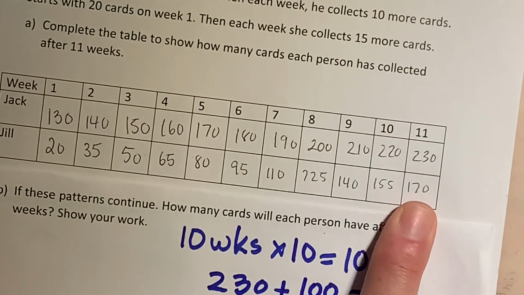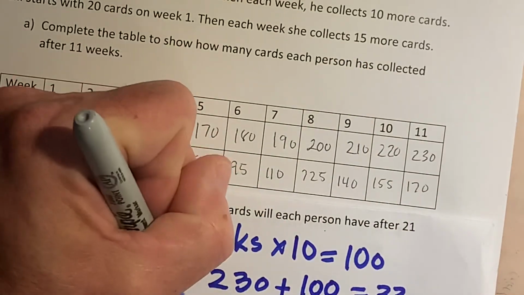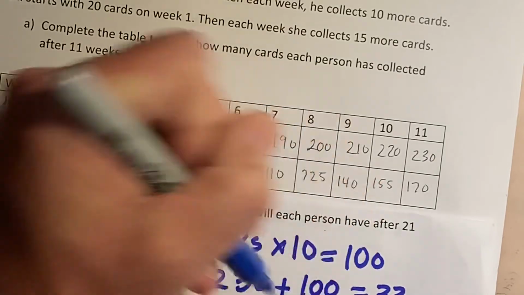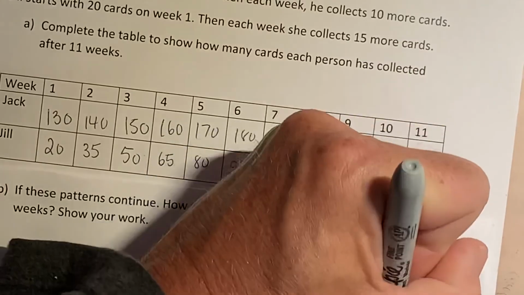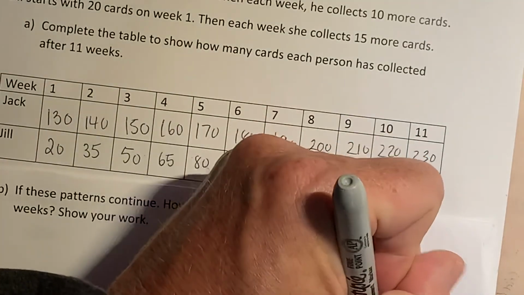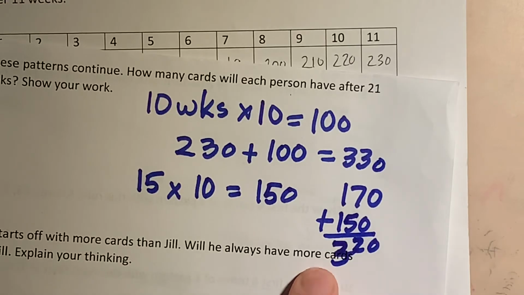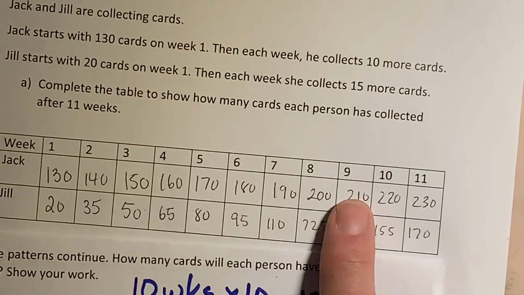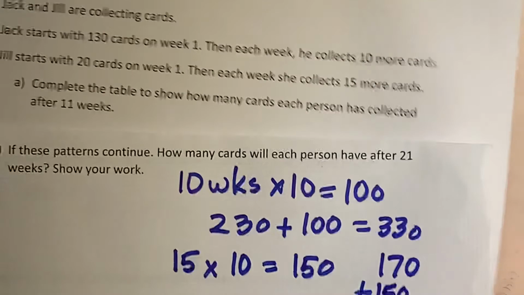Same idea here, 170. For Jill, she's getting 15 more cards. So the shortcut would be to say 15 cards times 10 weeks is going to get you 150. So then you're going to add 170 plus 150 equals 220. Sorry, 320. 320, which you can't see. Okay, so that would be the shortcut. If they do the shortcut or they just extend these from 11 weeks to 21 weeks, either way works for me. They're solving the problem accurately.